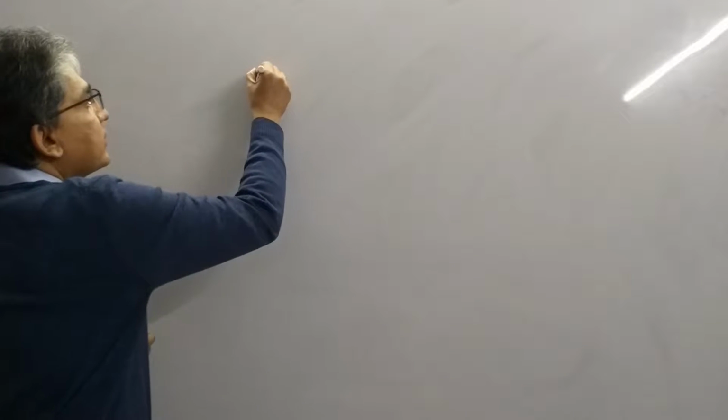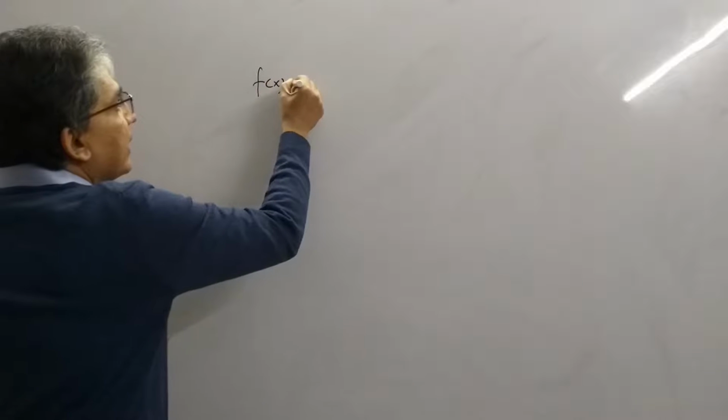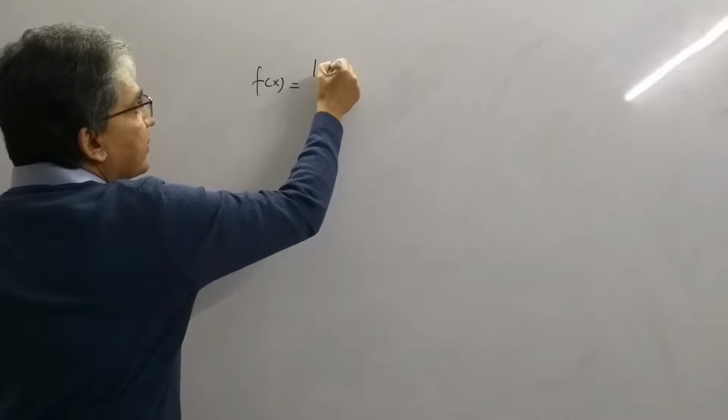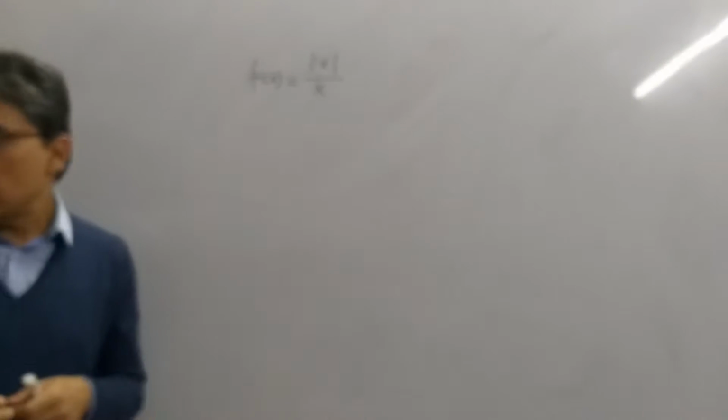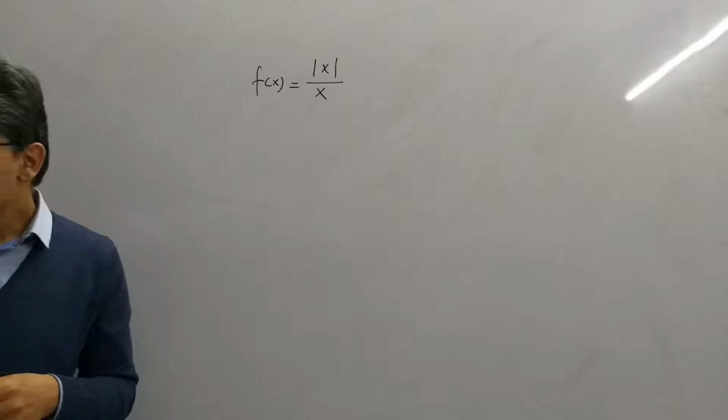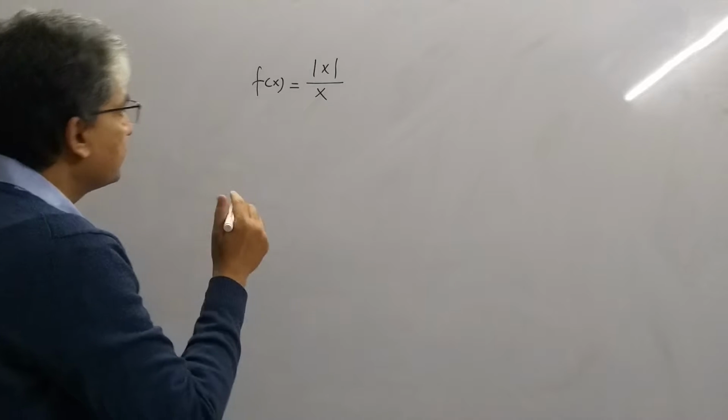Now we'll be taking two more cases when the limit does not exist. So if I write the function f(x) as modulus x divided by x, and I want to find its limit when x tends to 0.